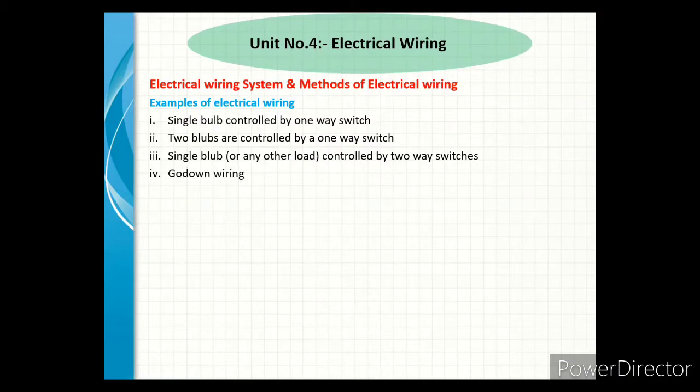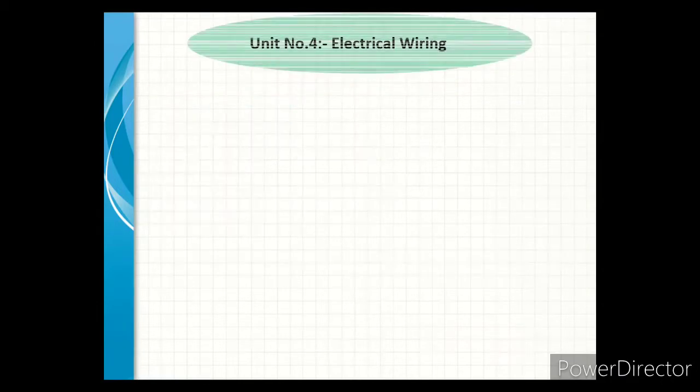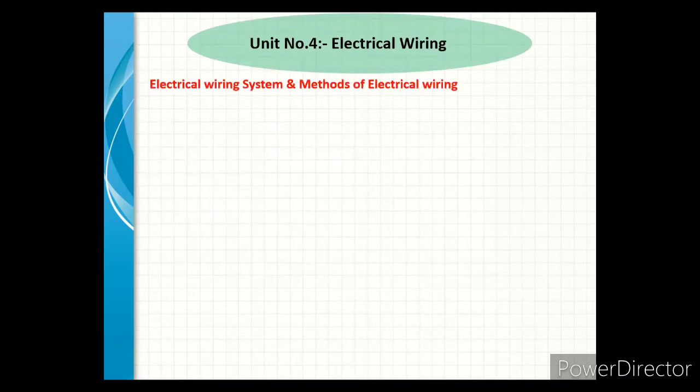The fourth example is godown wiring. The fifth example is a fluorescent lamp controlled by a one-way switch. The sixth example is socket outlet wiring. And the last example is control switchboard wiring. So we see them one by one.